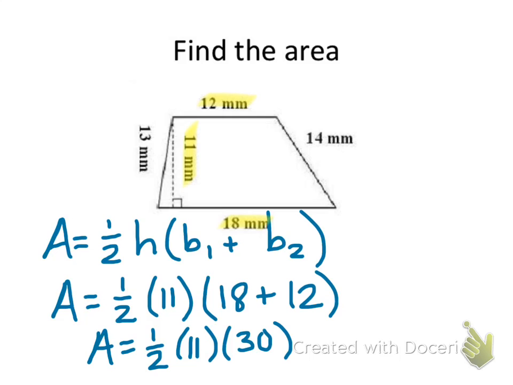So using order of operations and your calculations, 11 times 30 would equal 330, and you would take half of that. So half of 330 is 165. And then again, since we're talking area, it is going to be units squared.